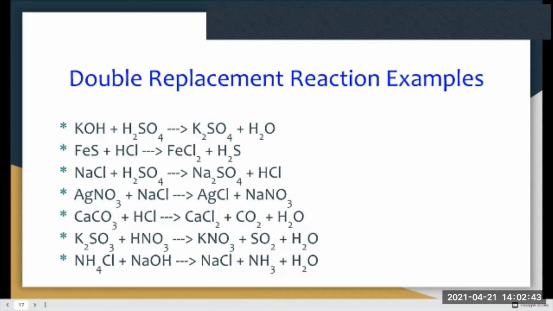I'll tell you if they do form 3, and they form 3 simply because there's a water possibility, and usually where there's a water possibility, it becomes a possibility. So these are your examples for double replacement. Notice the anion switch, so hydroxide and sulfate, chloride and sulfate, chloride and nitrate, carbonate and chloride, sulfite and nitrate, chloride and hydroxide.